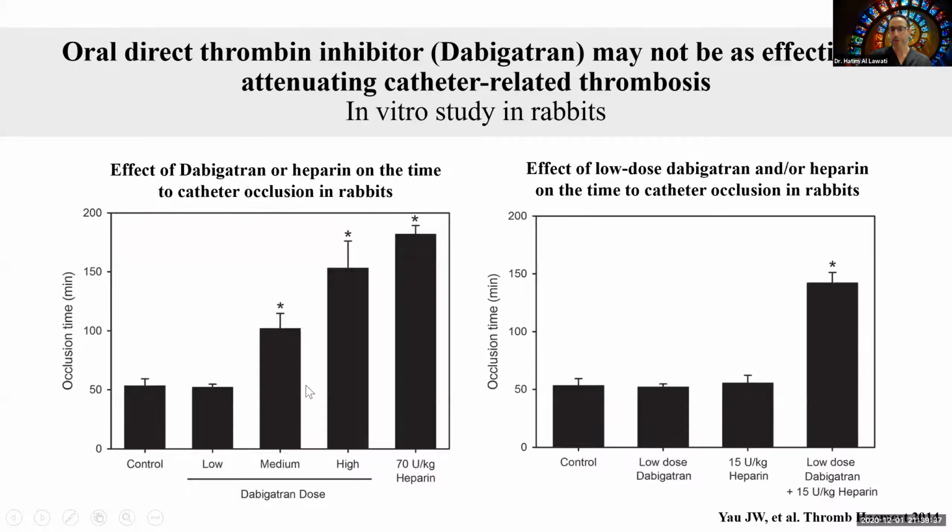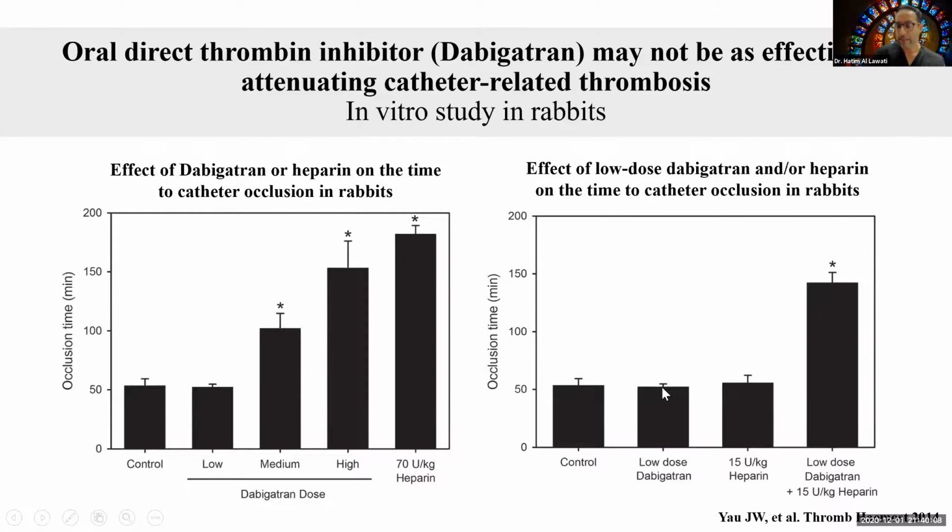Then they put the animals on 3 dosing regimens of dabigatran, starting with 75 milligrams BD, 110 BD, 150 BD, and compared it to 70 units per kilogram of heparin. It turns out that those on dabigatran thrombosed their catheters much earlier, and significantly so, compared to those treated with unfractionated heparin.